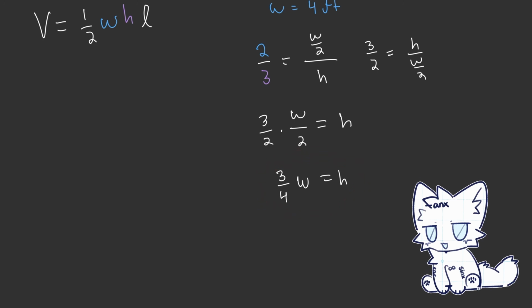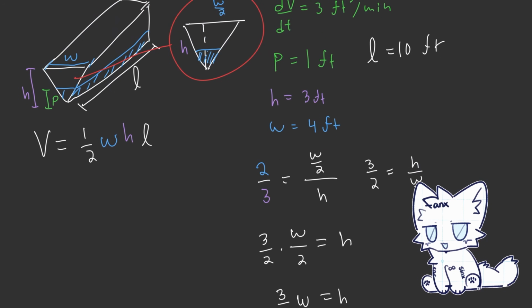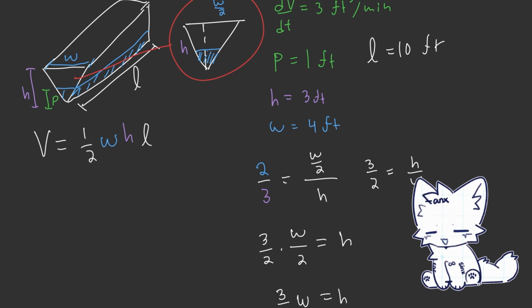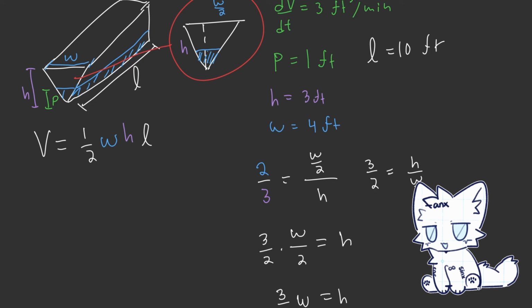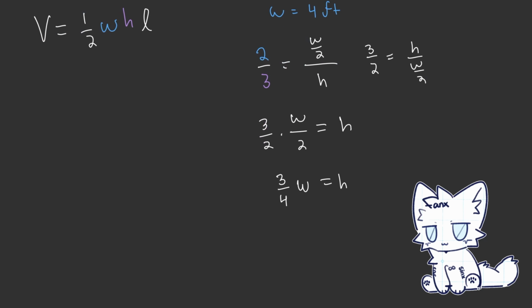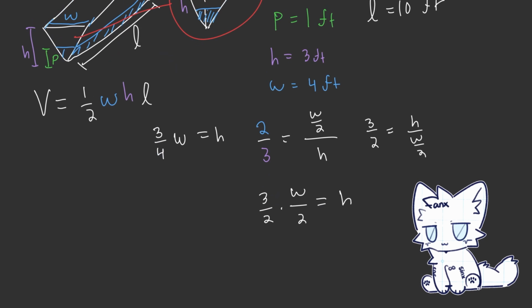Now that we have this relationship, because we set up this ratio, I just plugged this in and then set it equal, and we can solve for a variable. Now we have the width in terms of the height. 3/4 of the width is equal to the height.